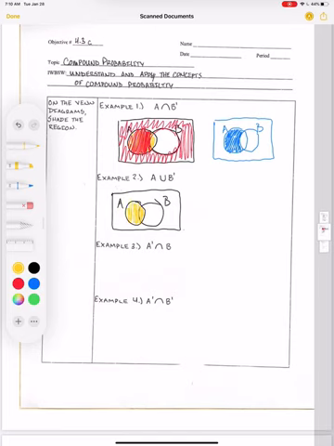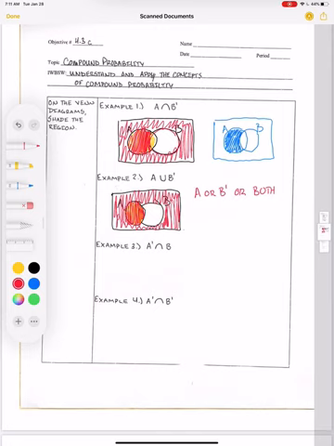And then not B, again, is everything that surrounds B, including what's inside of A. And because it's a union, that means everything that is in A or not B or both.